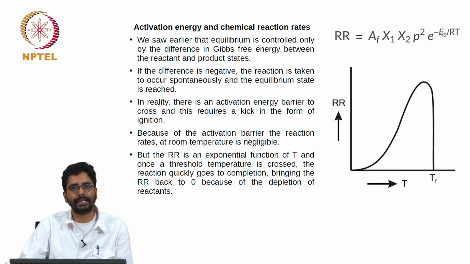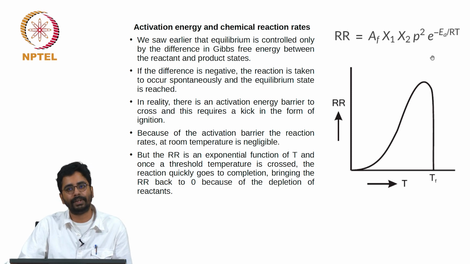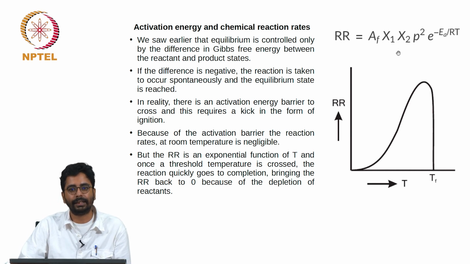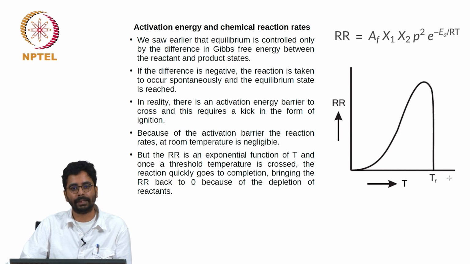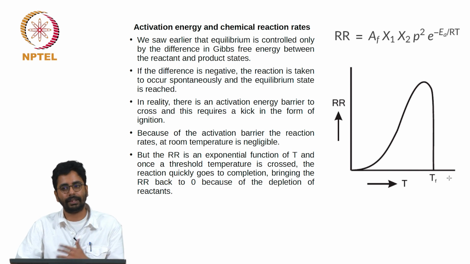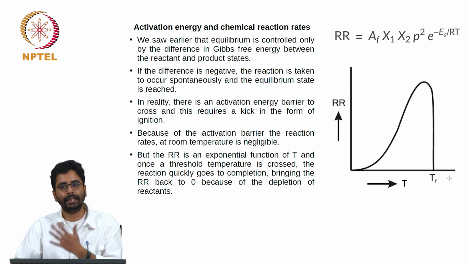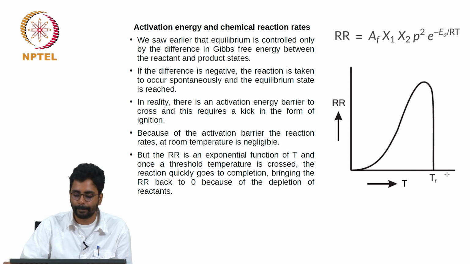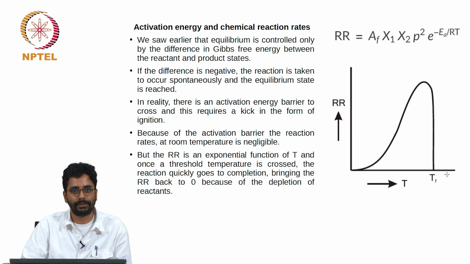As the temperature increases, the exponential term will go up very fast, but in the process you are also consuming the reactants, and therefore at some point you will reach a stage where all the reactants are consumed and the reaction rate will drop to 0. So this state is close to the equilibrium state, when all the reactants have been converted into products, temperature is increased and an equilibrium state has been achieved, and the reaction rate goes to 0. The net reaction rate goes to 0 at the equilibrium state.